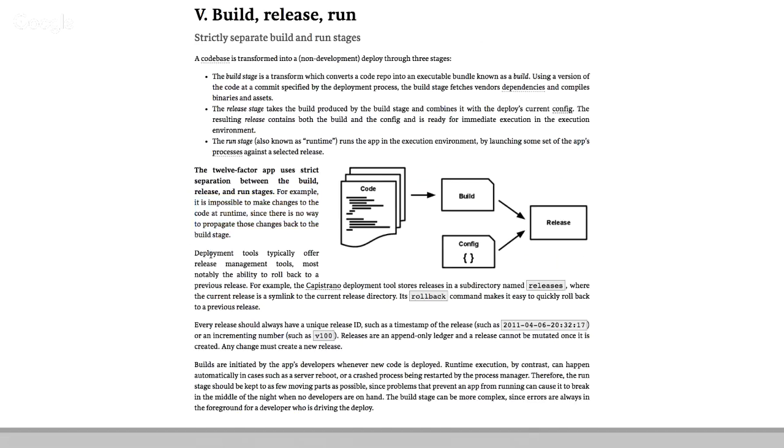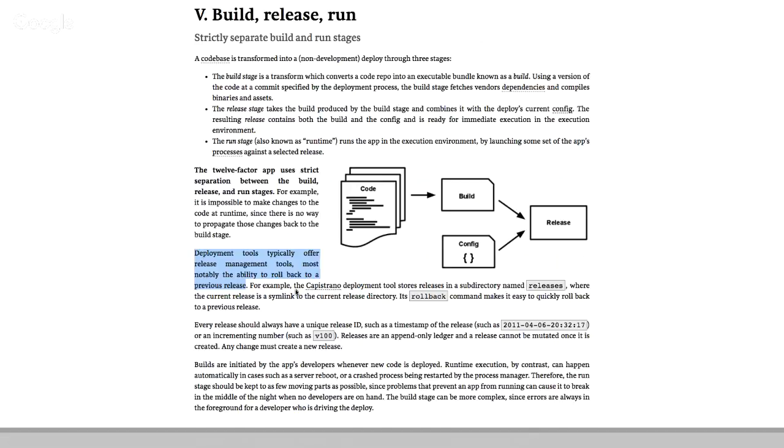Deployment tools typically offer release management tools, most notably the ability to roll back to a previous release. So deployment tools provide release management tools which help us to roll back to a previous release.